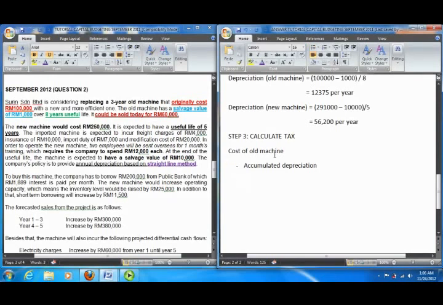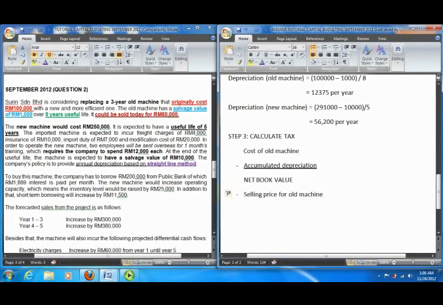Then class, you will get your net book value, minus your selling price for the old machine.